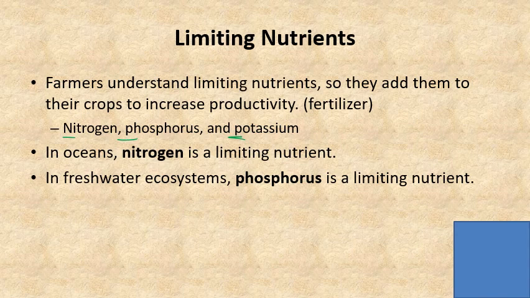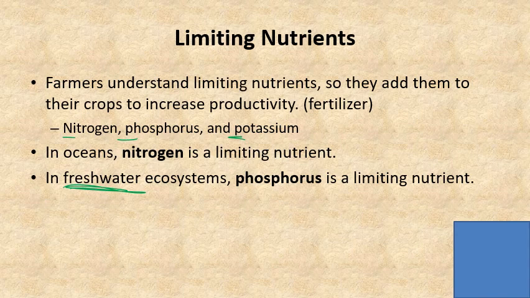If you remember the story we were told growing up of how Native Americans told the Pilgrims to put a fish in when they planted corn. As that fish would decompose, the nitrogen, phosphorus, and potassium would be added to the soil, and those crops would grow better. In the oceans, nitrogen is a limiting nutrient, and in freshwater ecosystems, lakes, rivers, streams, it's phosphorus.